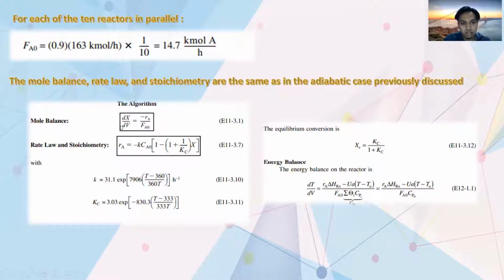Next, we will continue to find the mole balance, rate law, and stoichiometry. We just use the same formulas as in example 11.3. And lastly, we will find the energy balance to get this value.